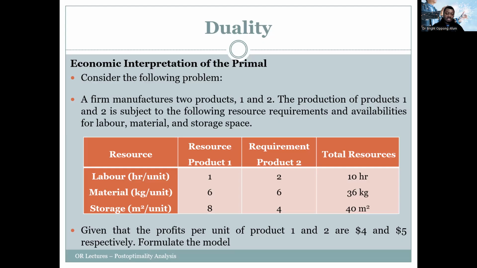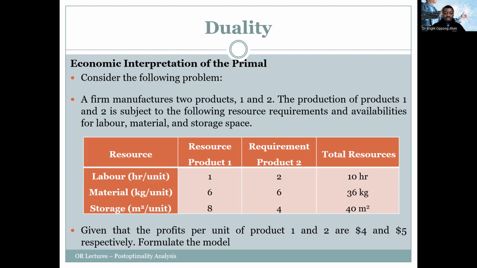Then we have 6 kilograms per unit for product 1, 6 kilograms per unit for product 2. Total available is 36, and the storage space for product 1 is 8 square meters, and that of product 2 is 4. The total space available is 40 square meters. Given the profit per unit of product 1 is $4 and product 2 is $5.